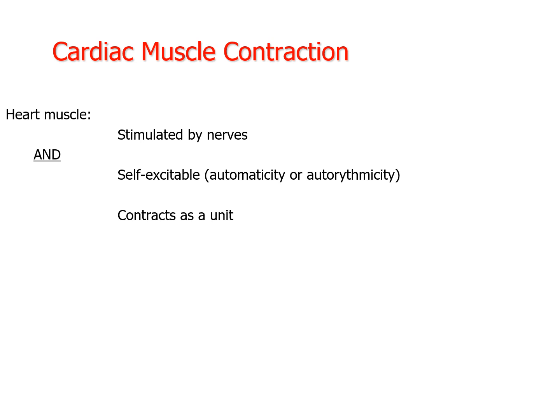Now, in terms of contraction of the muscle, it is stimulated by nerves, external nerve innervation. It is an involuntary type of muscle. You don't consciously, voluntarily decide to contract your cardiac muscle. It's involuntary, unconsciously controlled.